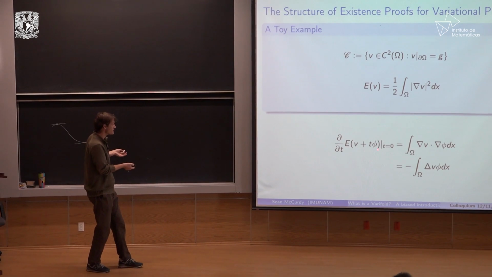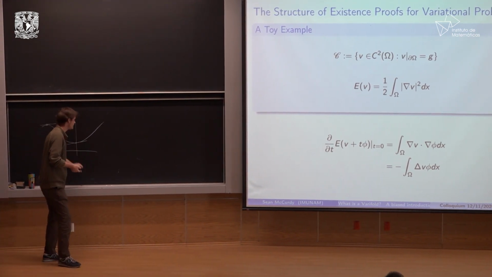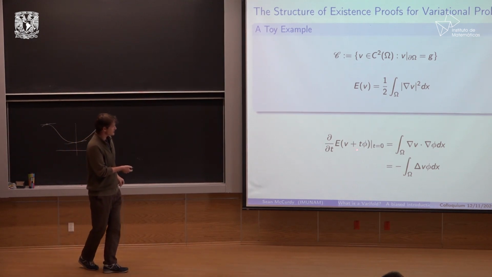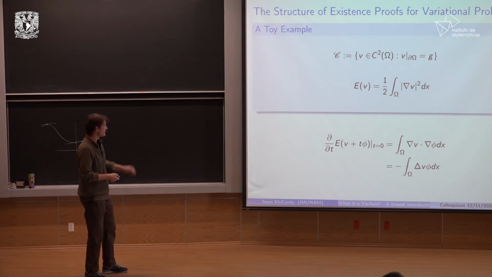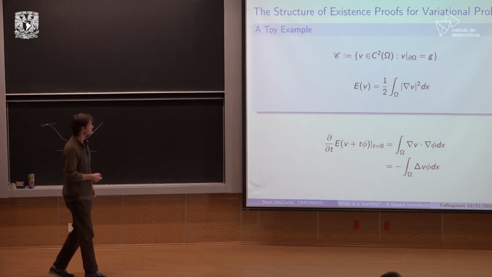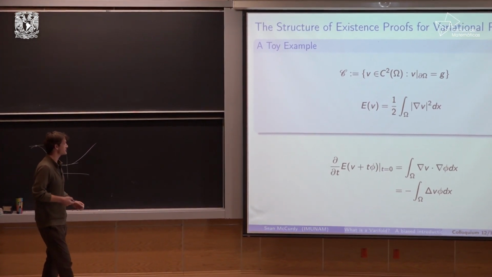So when we wiggle in the domain, much like we would for differential calculus, maybe by choosing some phi which is compactly supported, at least C2, something like this, we get this expression. This is how the functional is going to change when we vary by phi, in the phi direction.